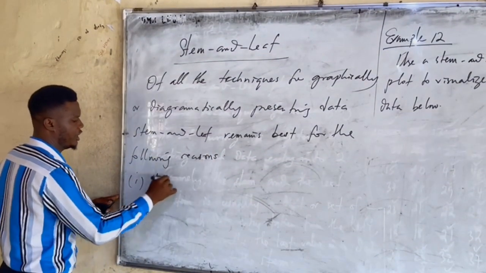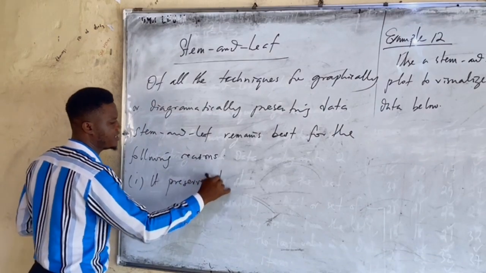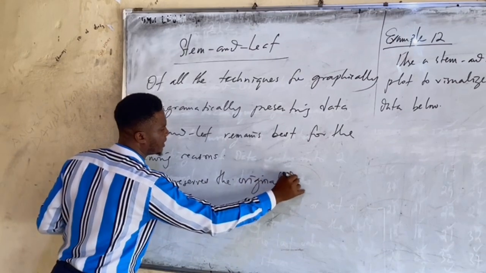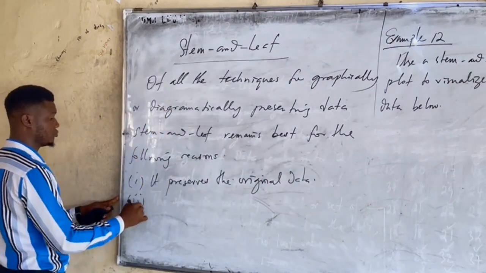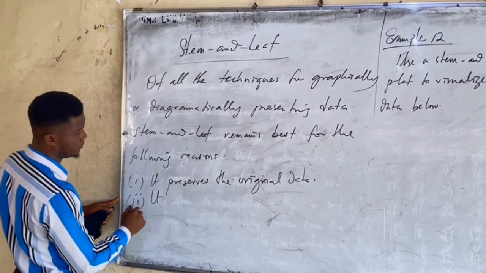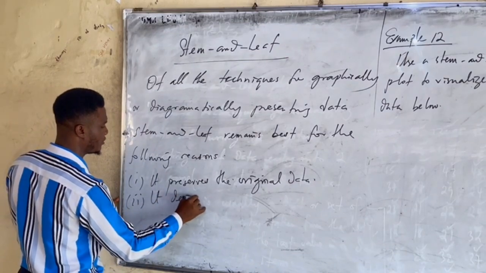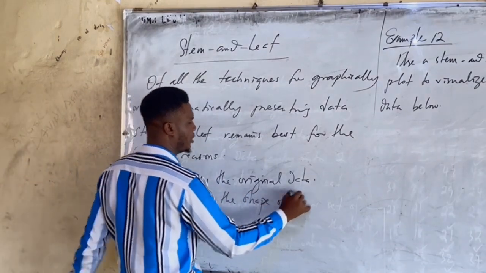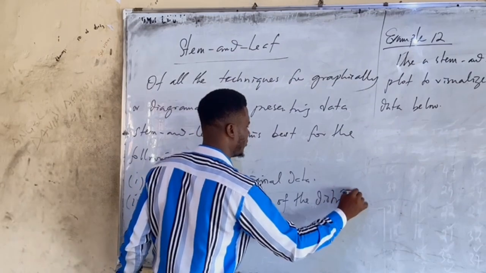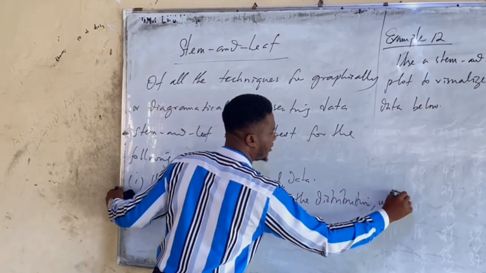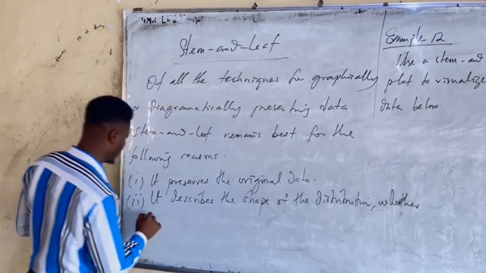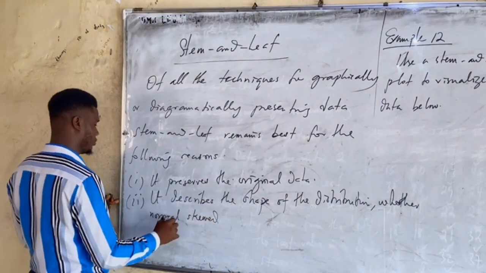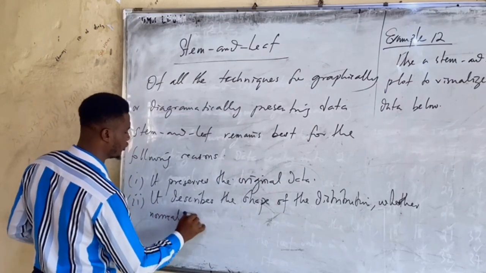One, it preserves the original data. Two, it describes the shape of the distribution, whether normal or skewed.